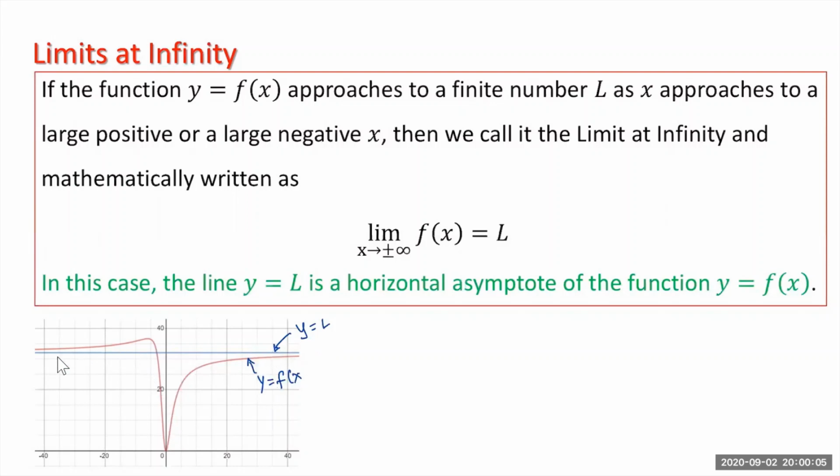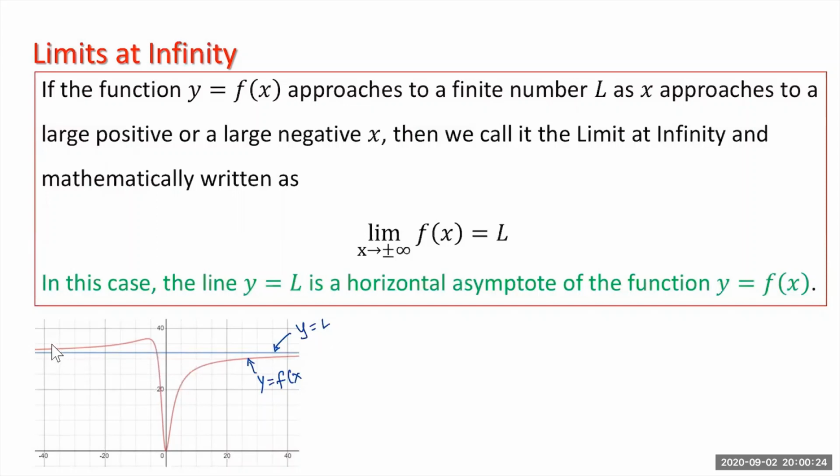Similarly, on the left hand side, when the value of x approaches negative infinity, this function first increases and then decreases and gets closer and closer to the value y equal to L again.